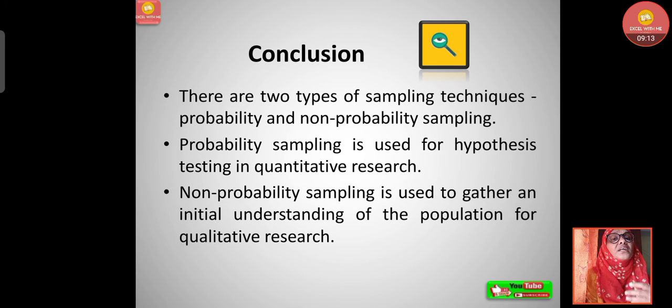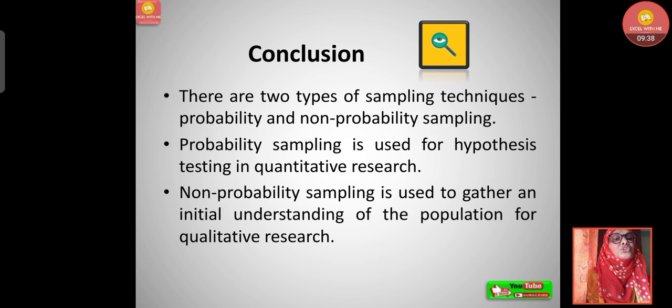Let's conclude. There are two types of sampling techniques, that is probability and non-probability sampling. Probability sampling is used for hypothesis testing in quantitative research. As we know, hypothesis is predetermined solutions that will be tested in null hypothesis or alternative hypothesis. Quantitative, where numbers are included.